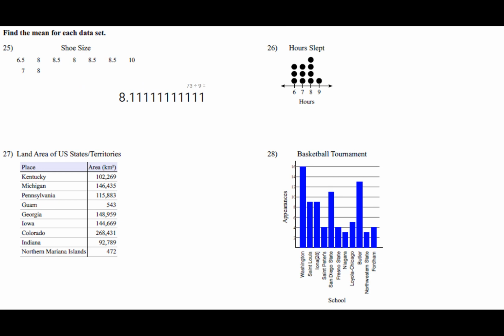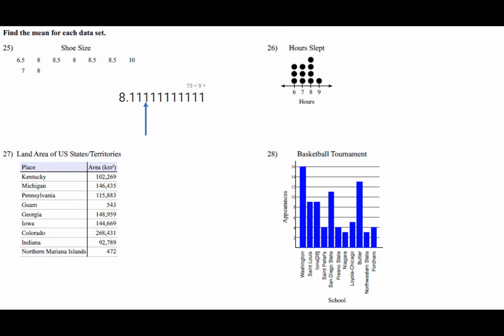Your answer should only have 2 decimal places, so 2 numbers after the decimal point. However, I do take a look at the third decimal place. My answer is either going to be 8.11 or 8.12. If my third decimal number is small, and small means 4 or less, I'm going to do 8.11.